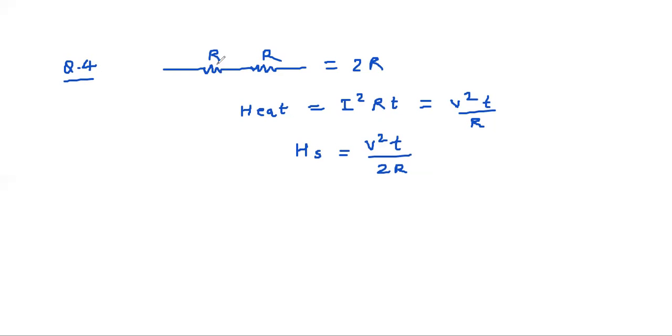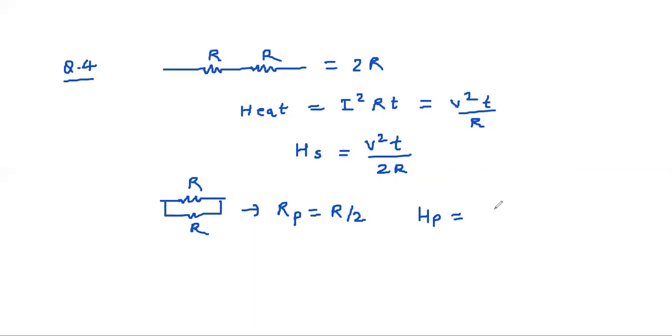Now, when these wires are connected in parallel, R, and there is another wire of same resistance R, then we will get RP, which will be R by 2. Again, we find heat produced when connection is in parallel.